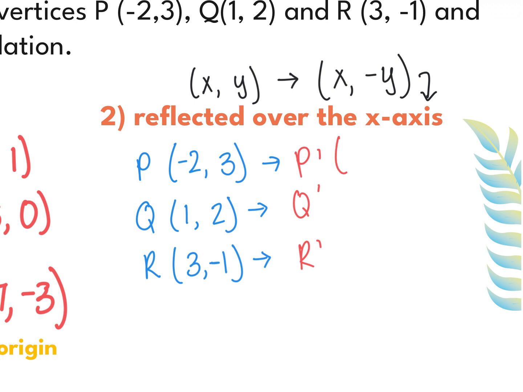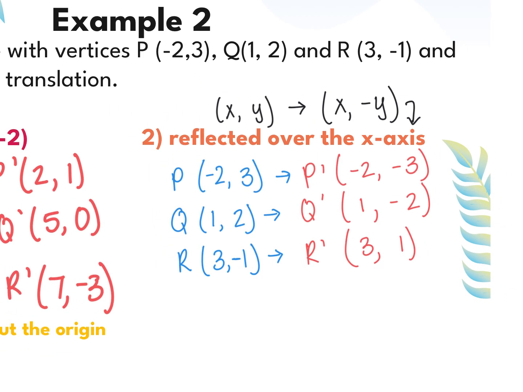What would my new coordinates for my P be? Good, -2, -3. What about Q? 1, -2, and R? 3, 3 what? -1? +1, good.